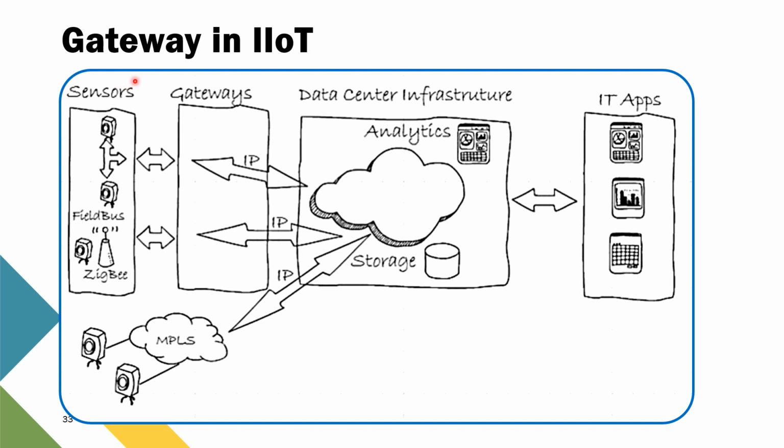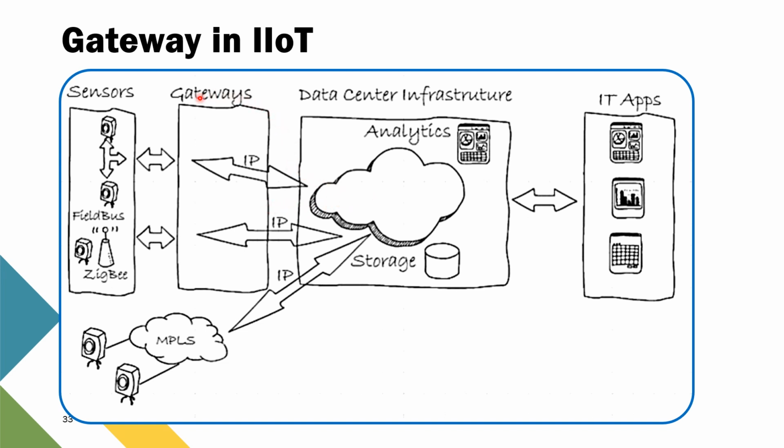To make sure that the information transmitted to the data center is standardized, a gateway will be placed in between, where all the data will be translated into one language that can be accepted and easily analyzed in the data center infrastructure.